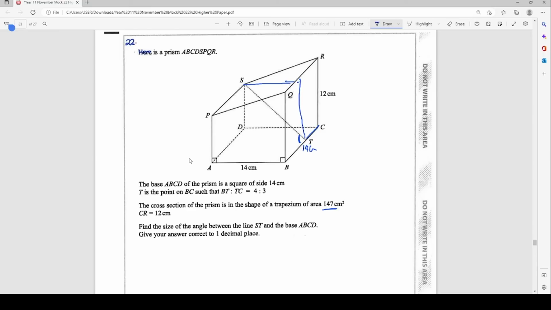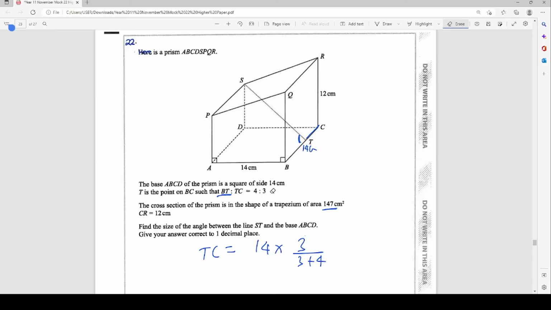Okay, so let's see what we have. TC is going to be equal to 14 times 3 over 3 plus 4, because you have to understand the point T is lying on BC such that the ratio BT to TC is 4 to 3.